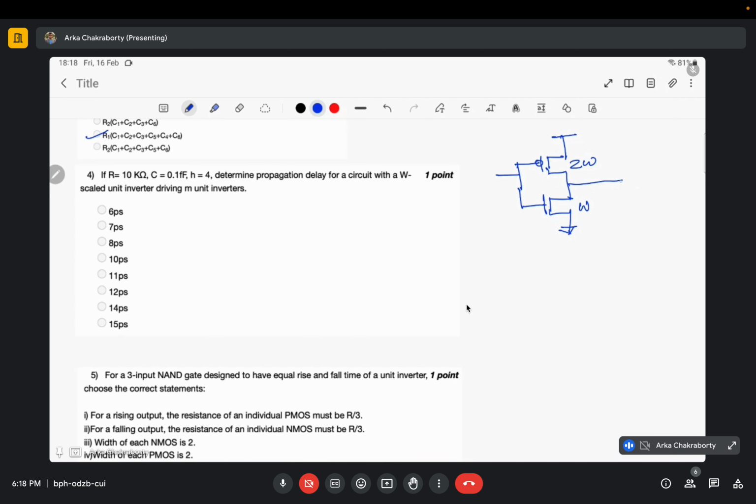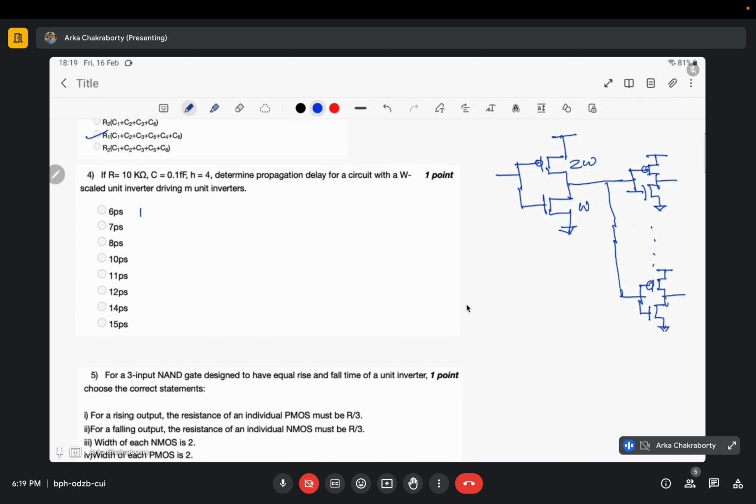So basically it would be such a configuration, such an architecture, such a circuit.